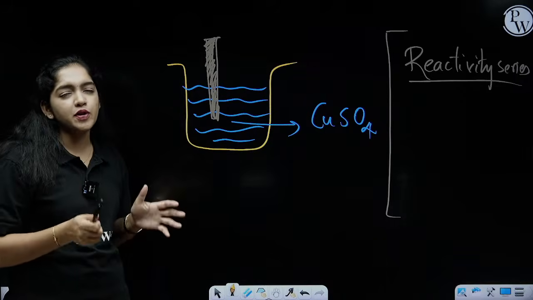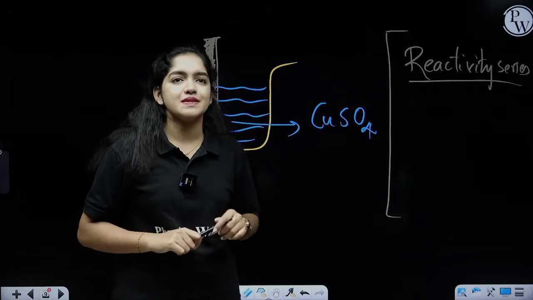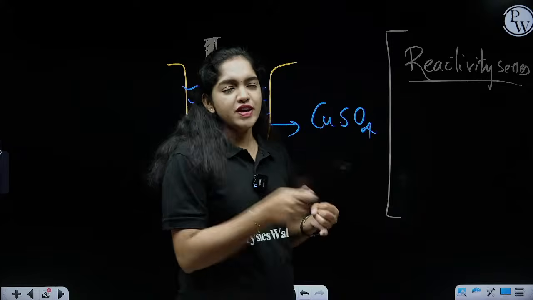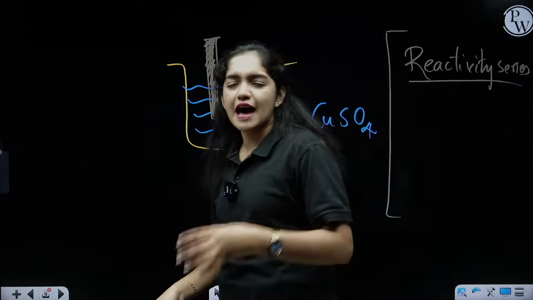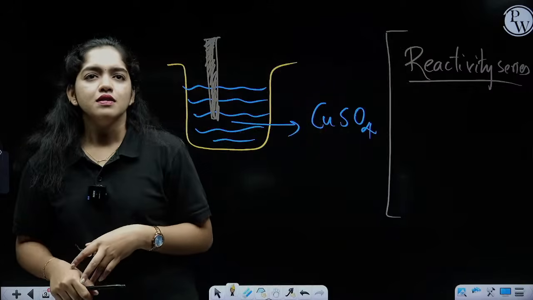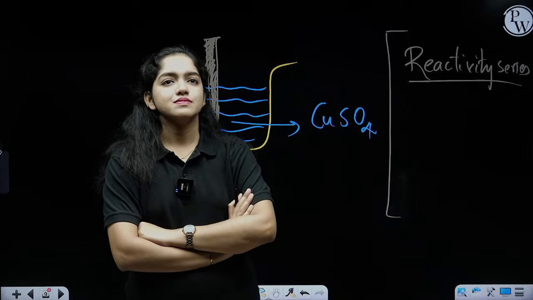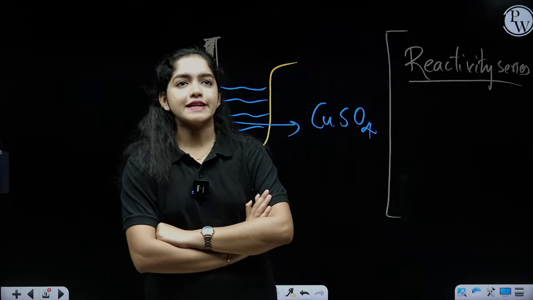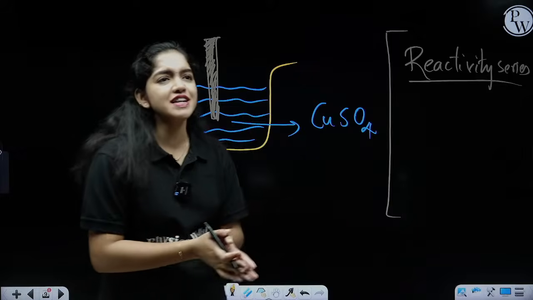It's very important. Which metal is having the highest reactivity towards water, towards acid, oxygen, everything? No one is answering. Why? Which metal is having the highest reactivity, my dears?